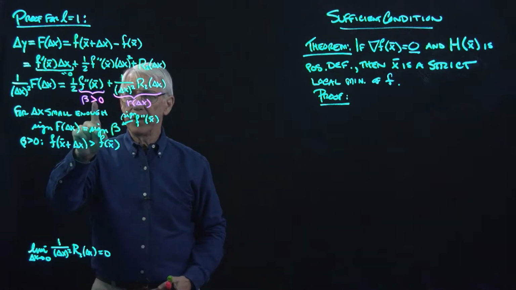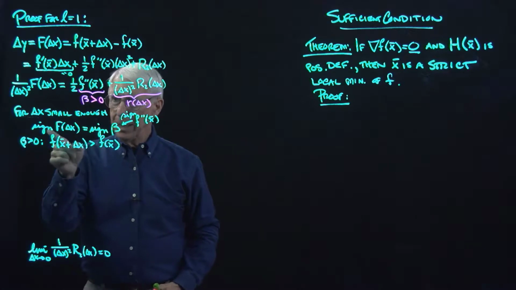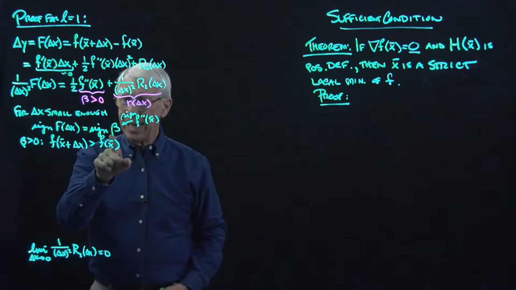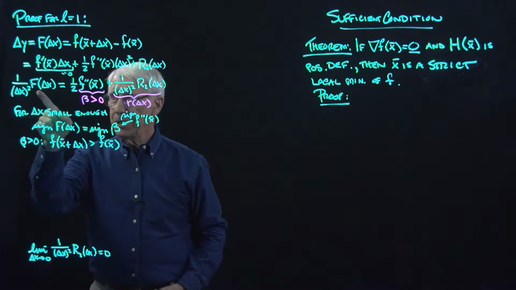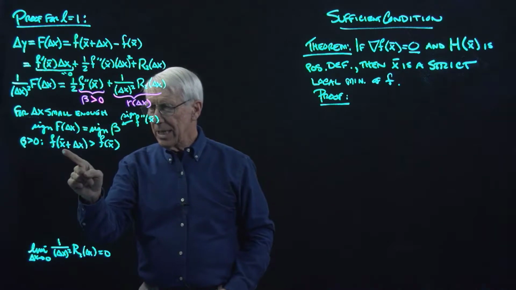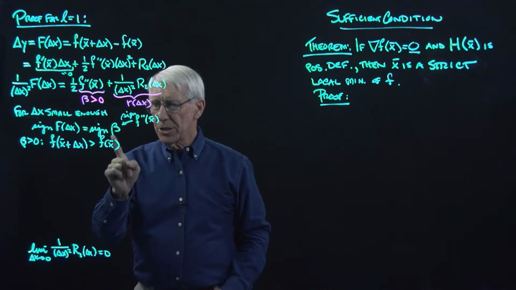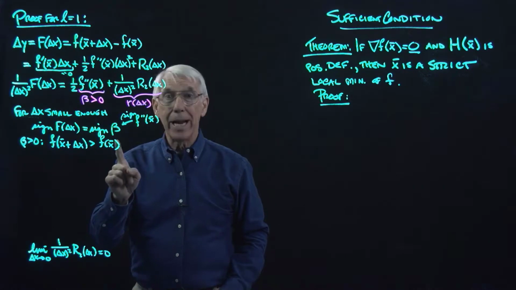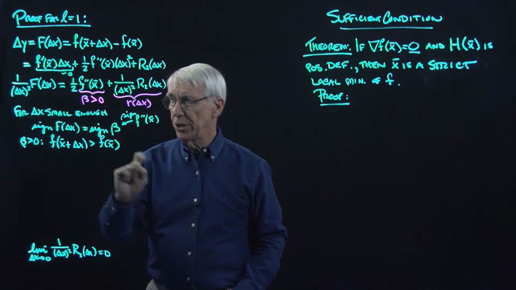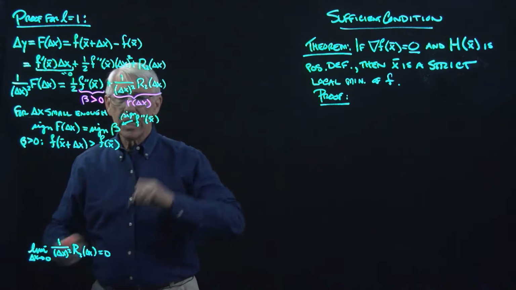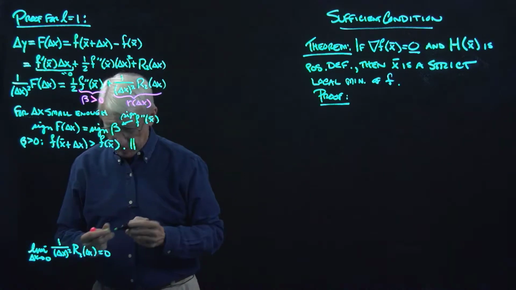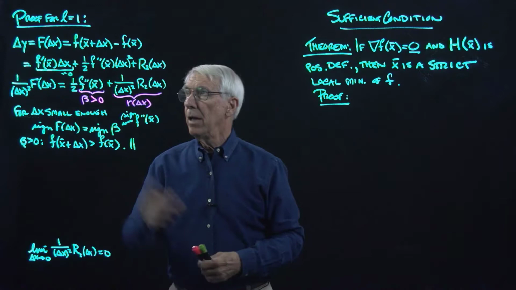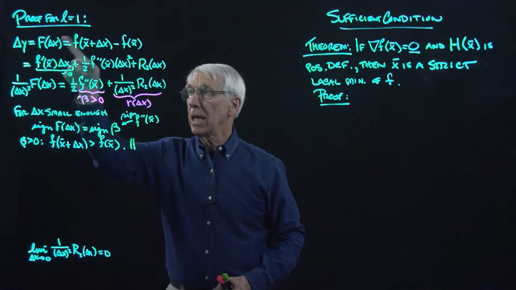Because if the second derivative is negative, then the sign of this is the sign of beta. If beta is negative, this is negative, and this is less than this. So x bar would be a strict local maximizer of f. So this completes the proof of this theorem for the case L equals 1.